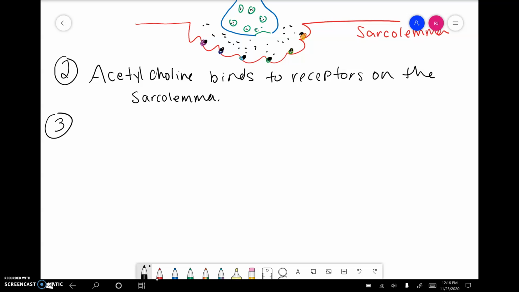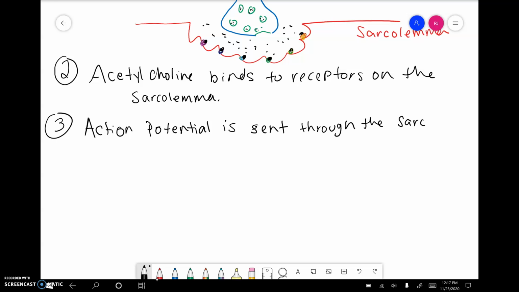So what we're going to see next happen is an action potential is sent through that sarcoplasmic reticulum and T tubules.